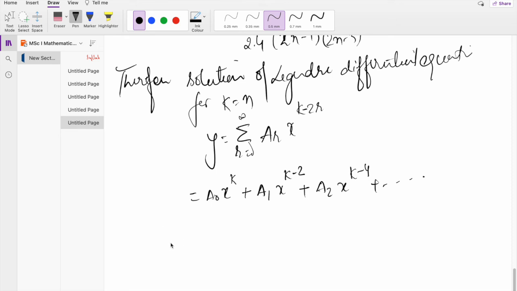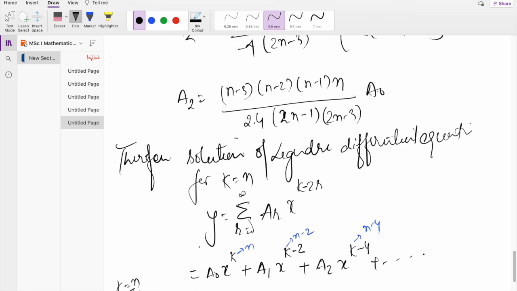We had calculated the coefficients in terms of a naught already. So if I take a naught common, for k equals to n, this can be changed as n. Here n minus 2 and here n minus 4, x to the power n, minus of first a1 term.